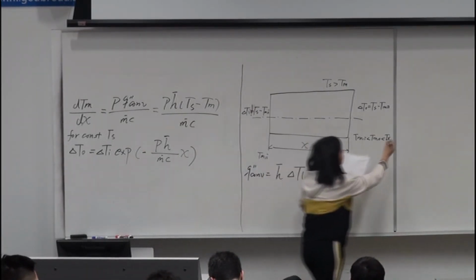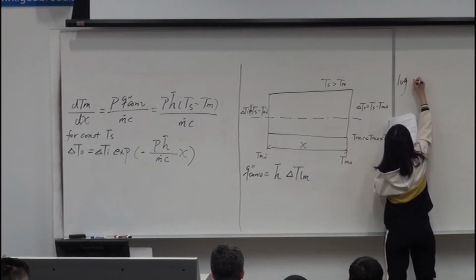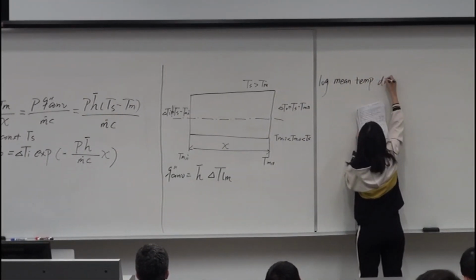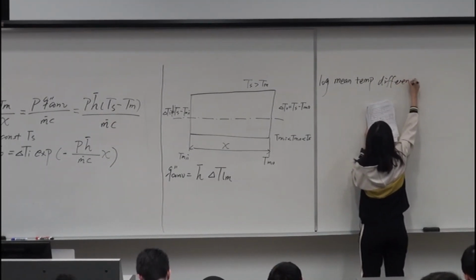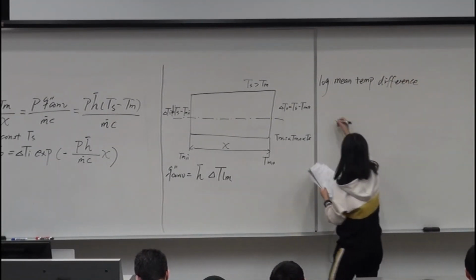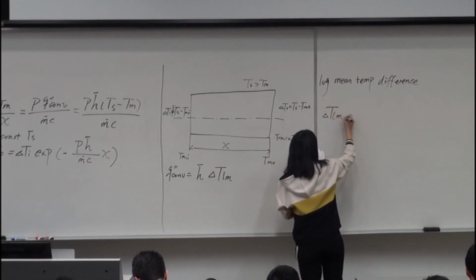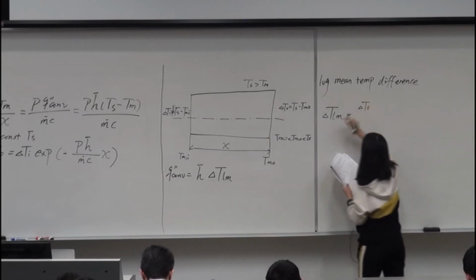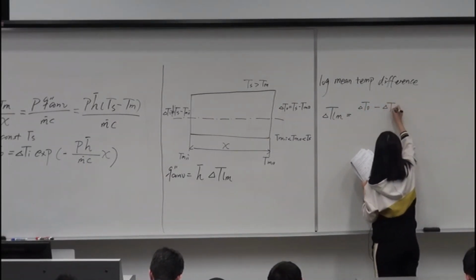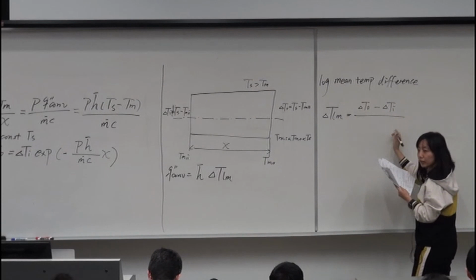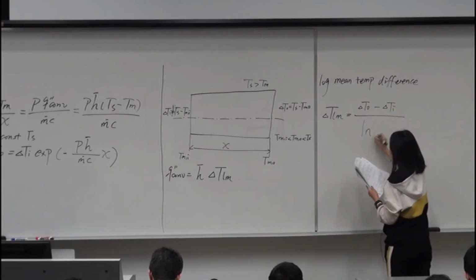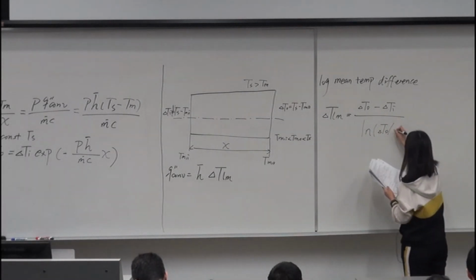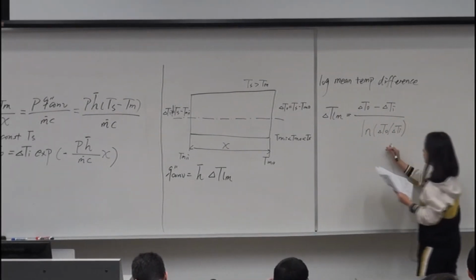This is what we call the log mean temperature difference. It is defined as delta T_LM equals the outlet temperature difference minus the inlet temperature difference, over the natural log of the ratio between the outlet temperature difference and the inlet temperature difference.